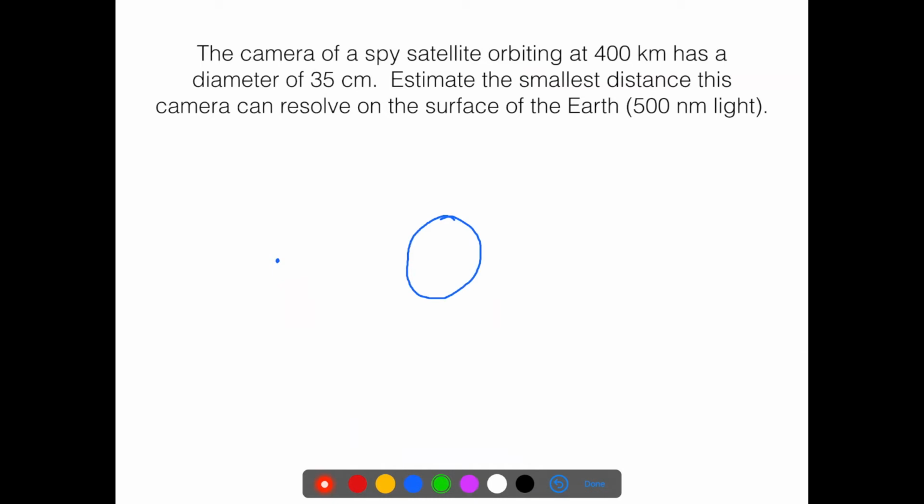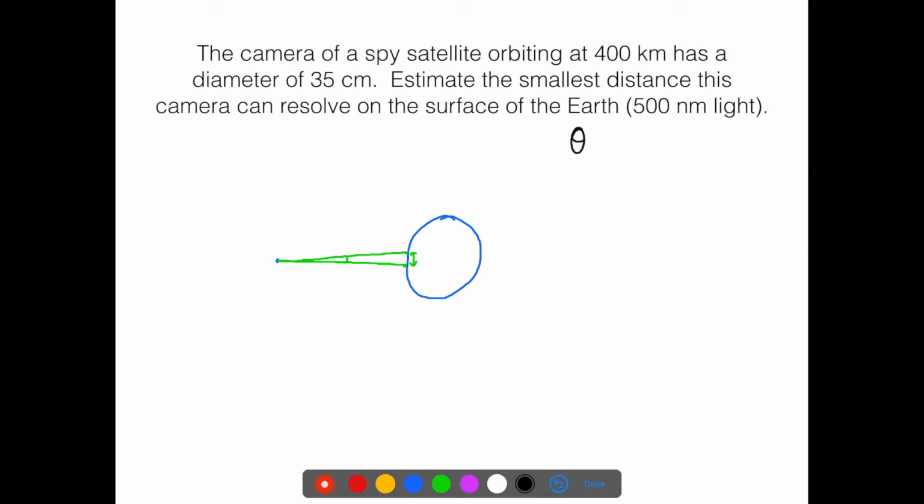So what this question is saying is I've got two things on the surface of the Earth. How far apart can those two things be and yet me still be able to differentiate between the two, right? So basically, they're asking about this angle. What's the smallest angle that we could use? So let's work through this and see if we can figure it out.